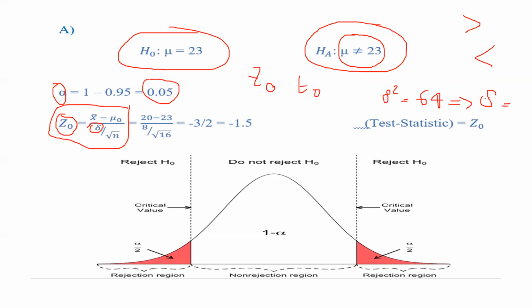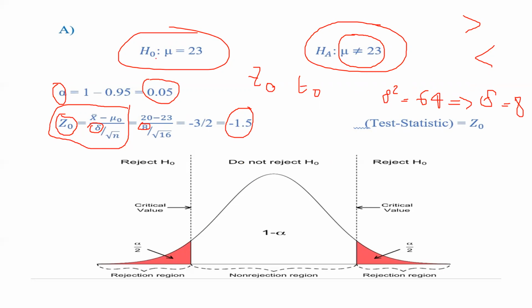Of course, this is equal to 8. So don't be excited to put 64 here, because it happens from time to time that students put variance instead of standard deviation in this formula. Okay, so the value happens to be minus 1.5. So this is your test statistic.